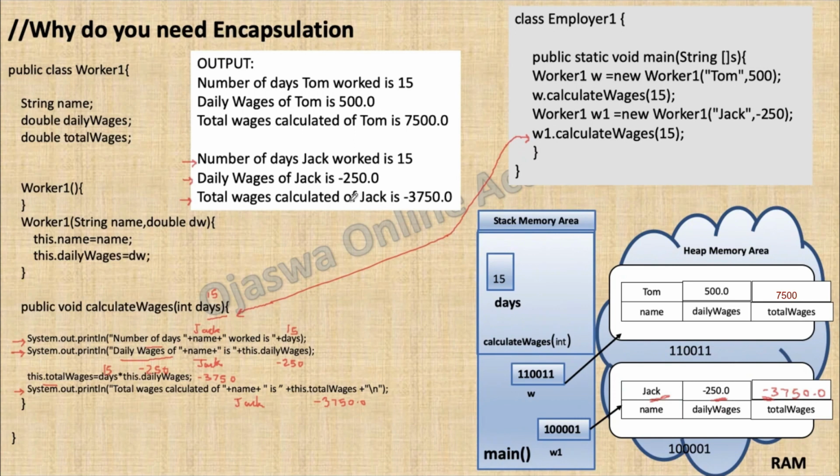You can restrict it by not allowing direct access to the variable. And here comes the use of encapsulation, where you make your variable private so that other classes won't access the variable directly, and in order to give access, you need to write getter and setter public methods.